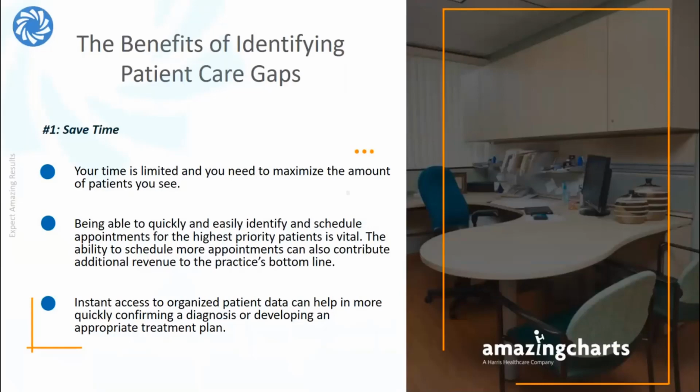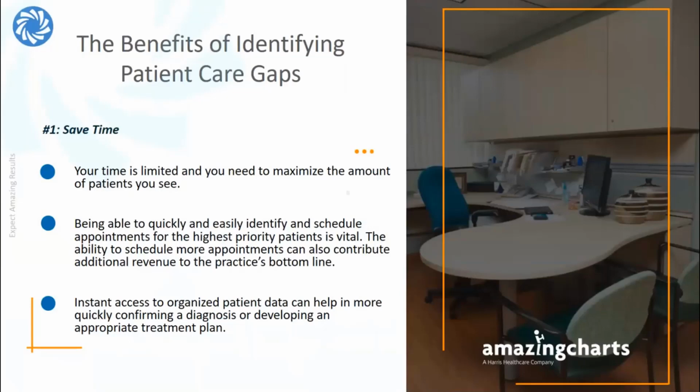You need to be able to quickly and easily identify and schedule appointments for the highest priority patients. That's a key for your practices. These patients are the ones that need to be seen first. And the ability to schedule more appointments can also contribute to additional revenue to the practice's bottom line.